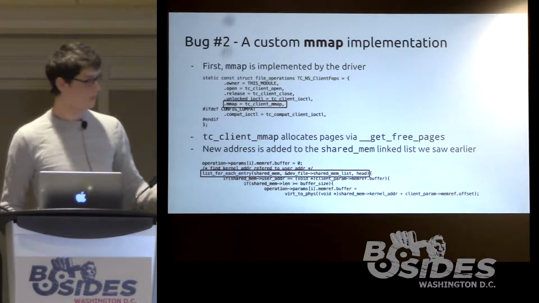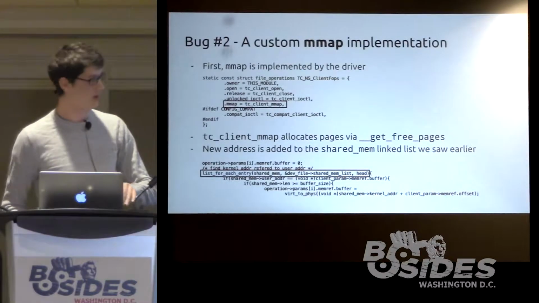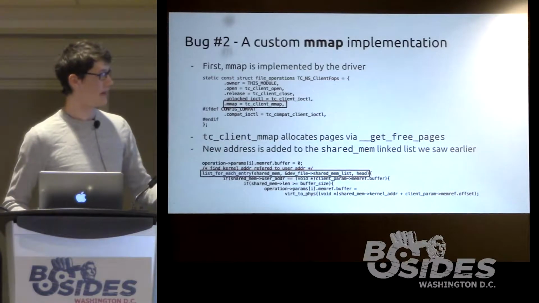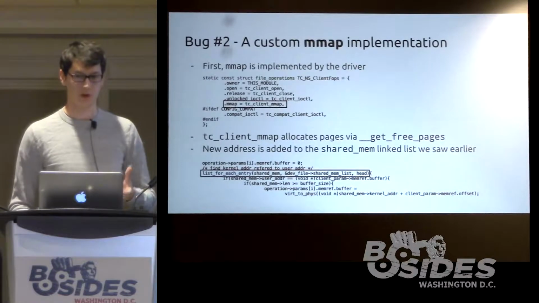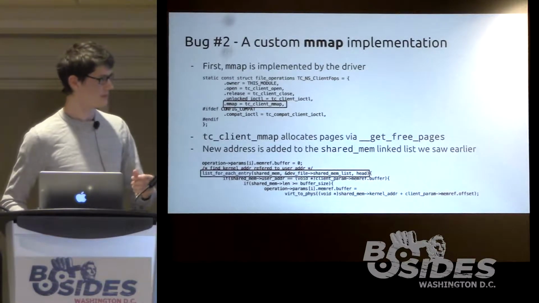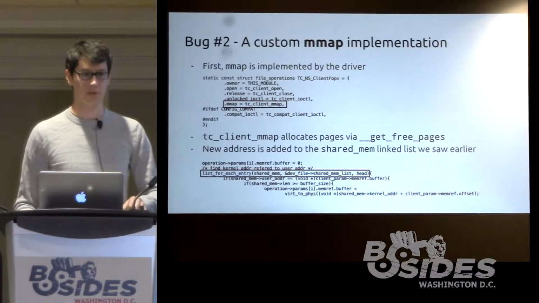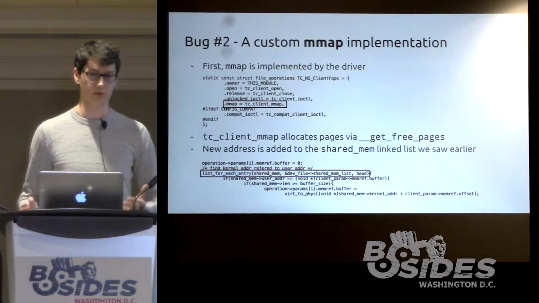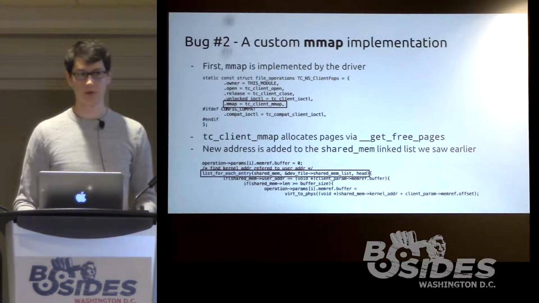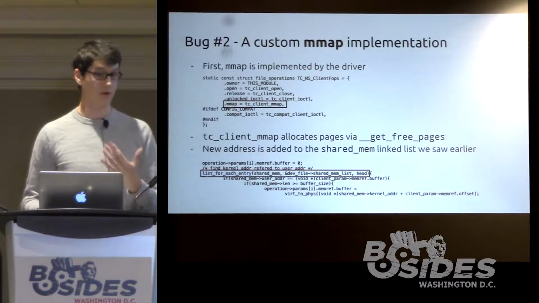So as you can see, they've implemented their own mmap, which I mentioned a couple of times, and now all this does is get a number of pages, register it into that linked list like I talked about, and then it will map the virtual address that we requested to the pages it got with get free pages. Now, this is kind of tricky because a lot of the mmap system is actually already handled by Linux proper, or the kernel itself, and the mmap that we implement only has the ability to do a couple of different things, pretty much only handle residual data that occurs because of the mmap.